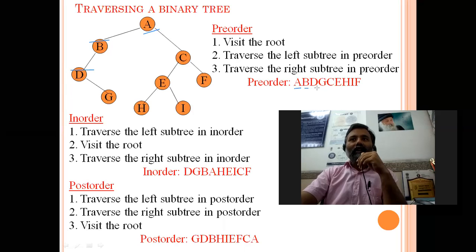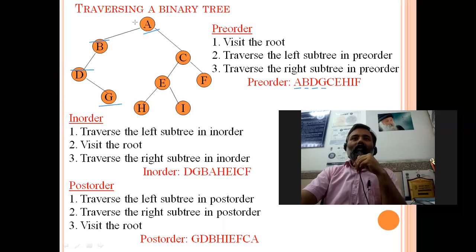Then its left subtree, which has nothing. Then the right subtree, in which we have G. So here we got G.